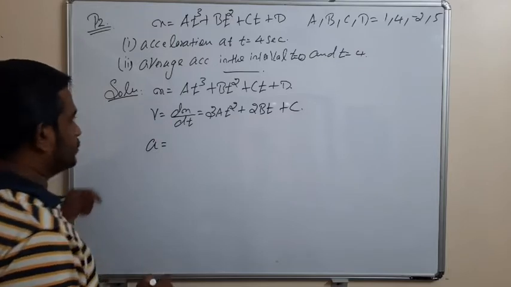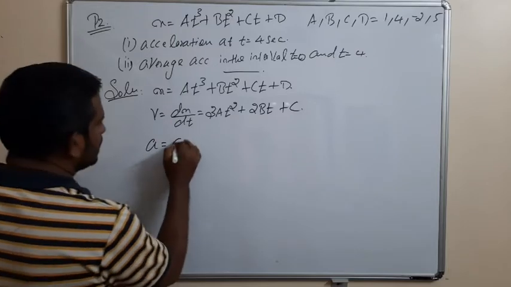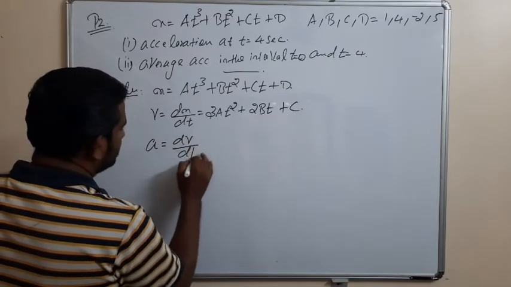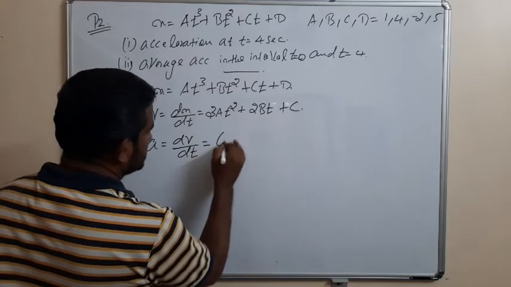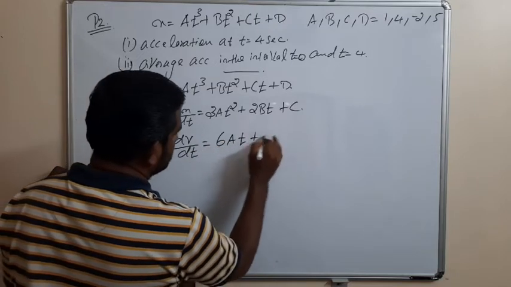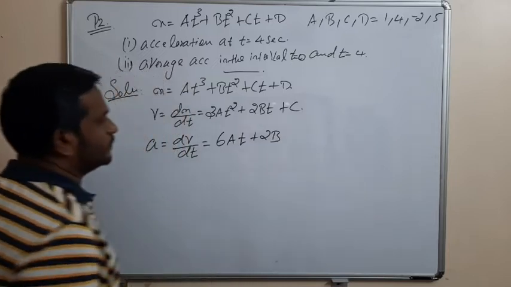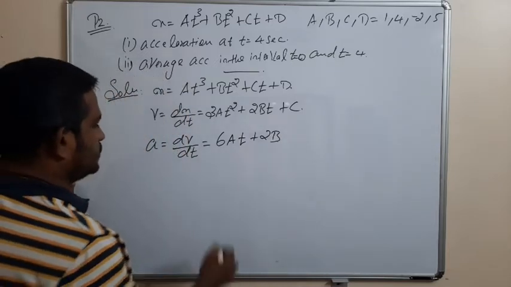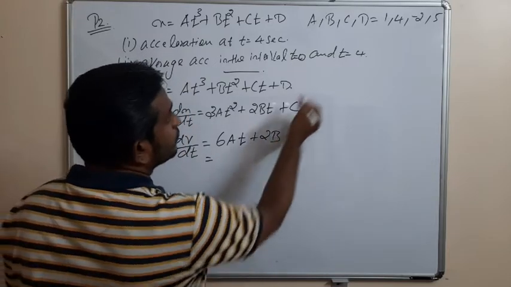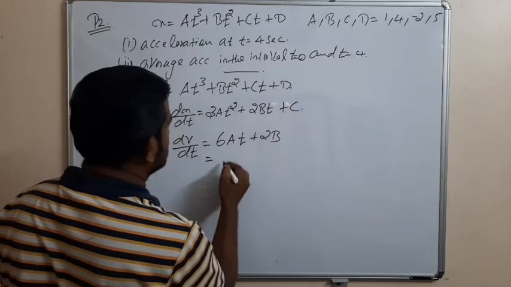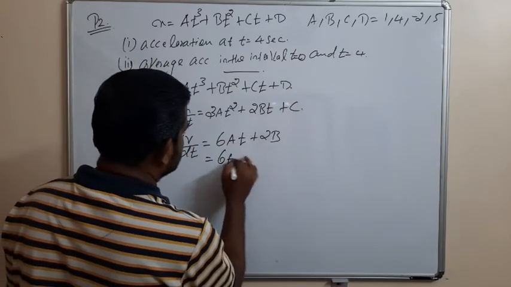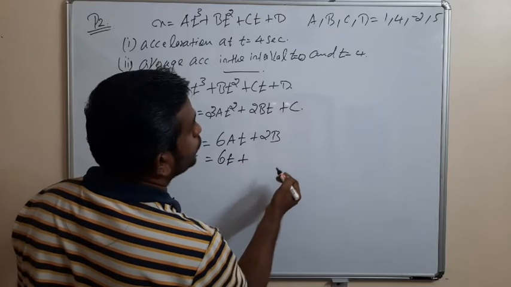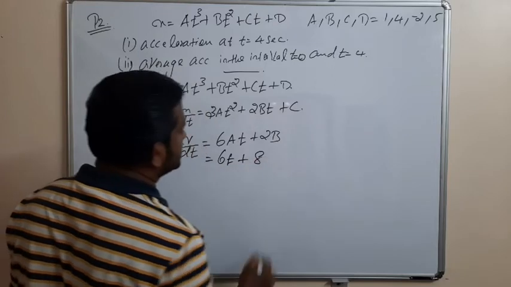Acceleration a = dv/dt, that is 6at + 2b. Applying the values, that is 6t + 2b, that is 6t + 8.